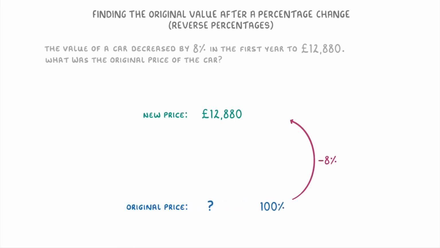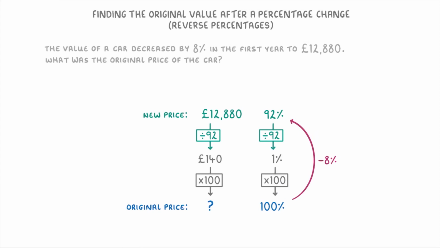This means that the new price must be 100 minus 8, or 92% of the original. So we're going to have to do 12,880 divided by 92 to find that 1% is £140, and then we can multiply that by 100 to find that the original price must have been £14,000.